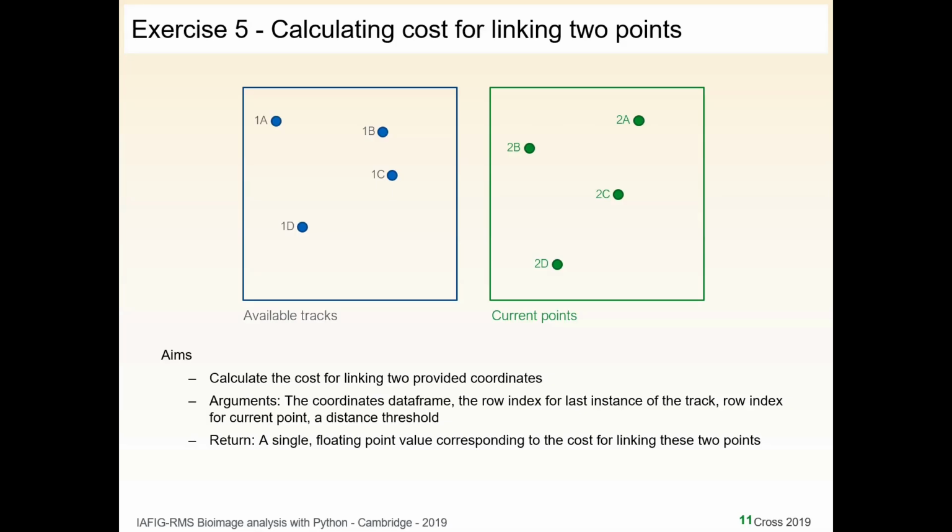At this point, we've managed to generate 2 sets of row indices. The first set corresponds to the most recent instance of each track. The second set corresponds to all the points which are available in the current frame. What we want to do now is take these row indices, extract out the relevant coordinates from the coordinates data frame, and calculate the cost of linking each of the points from the previous tracks to the points in the current frame.